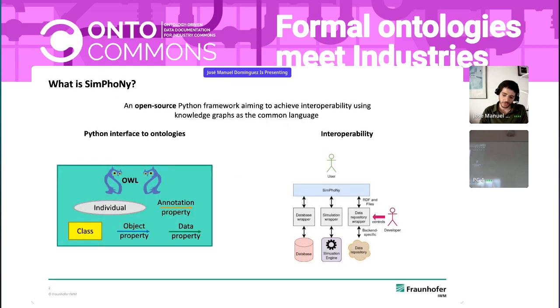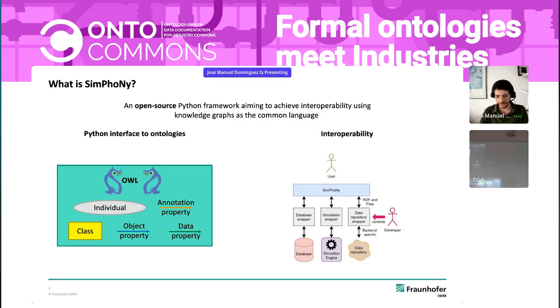To go into a little bit more detail, I'll split the presentation into two aspects, so it's easier to understand everything. The first one is the fact that in order to work with the knowledge graphs, even before we get to the aspect of software interoperability, the package needs to be able to offer you a Python interface to ontologies. This is one of its functions. It's not its main focus, so I will come back later to this point.